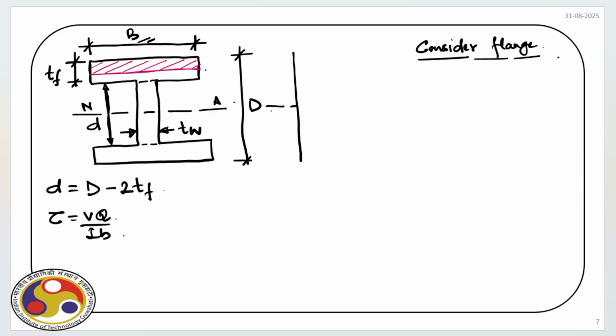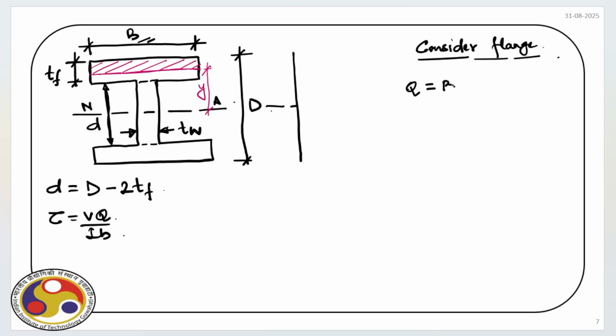What we'll do, we'll first draw the shear stress distribution over the flange, and then we'll come to the web part, right? Okay. Now, obviously this distance is y, and for this area marked by this hatched line, we can find out Q.